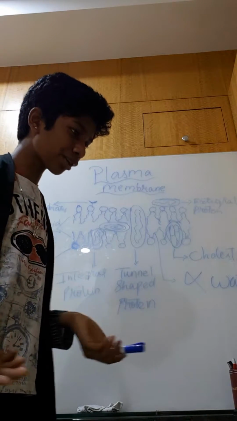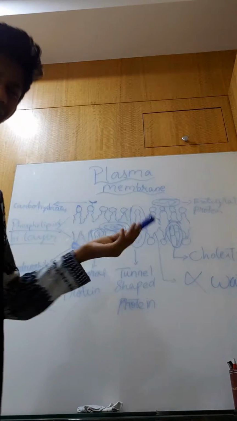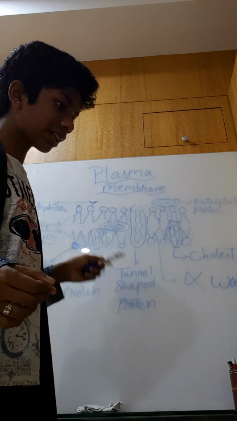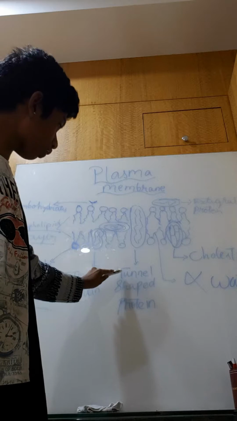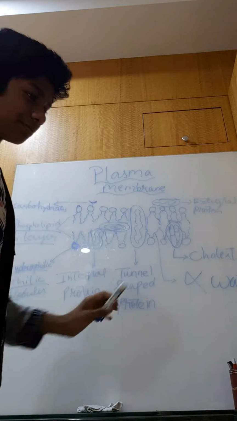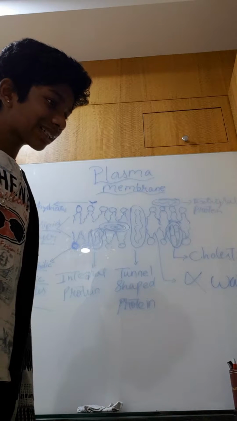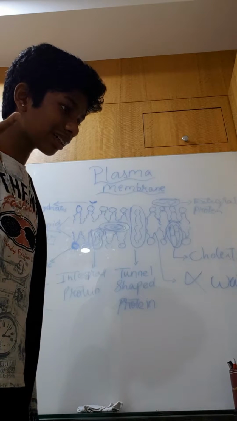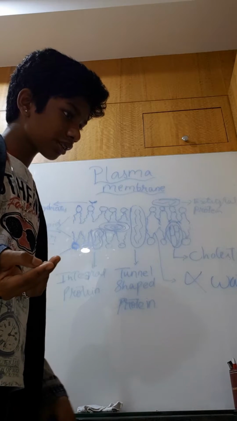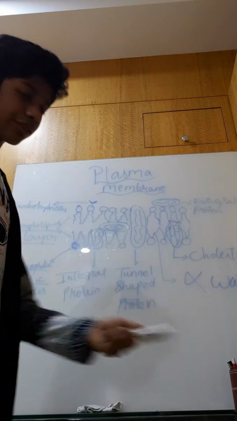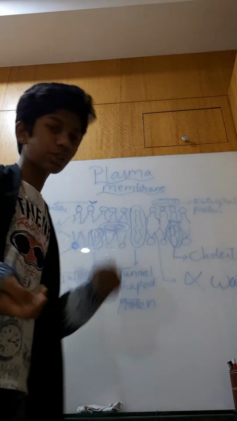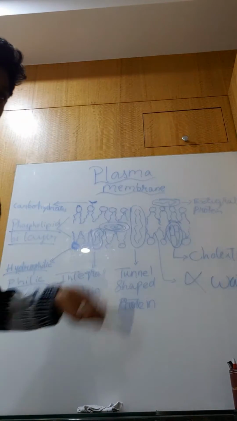It has many microtubules and microfilaments, which I have not written here. It's the fluid mosaic model of the plasma membrane, and it works by osmosis. It carries out phagocytosis and pinocytosis, as the amoeba does.